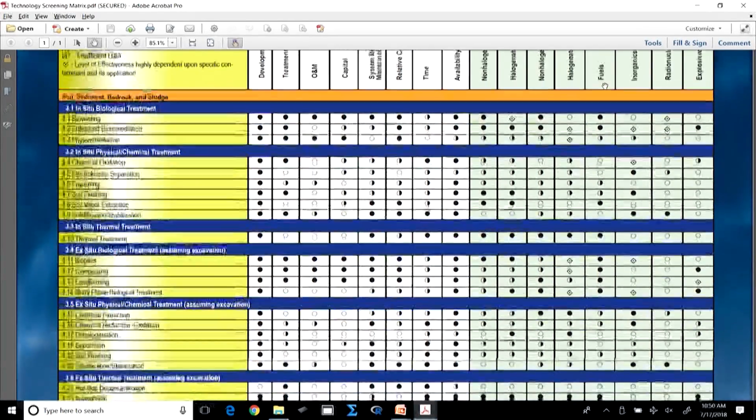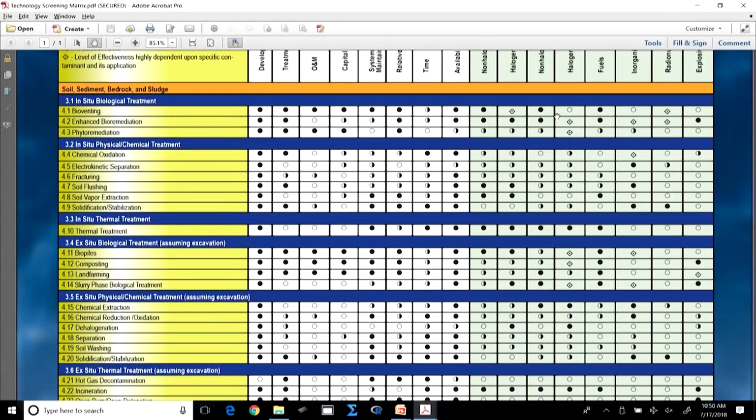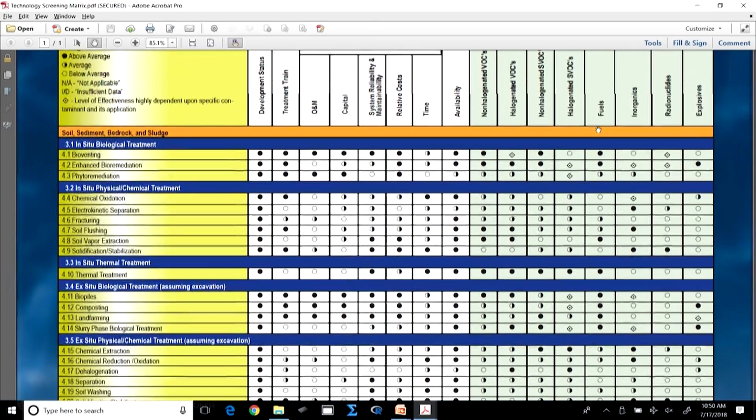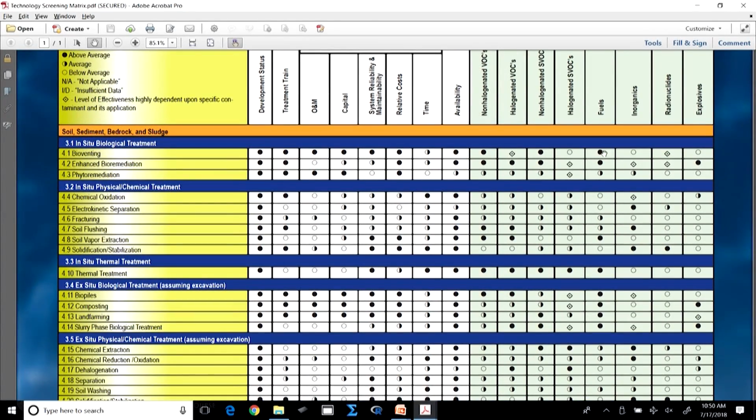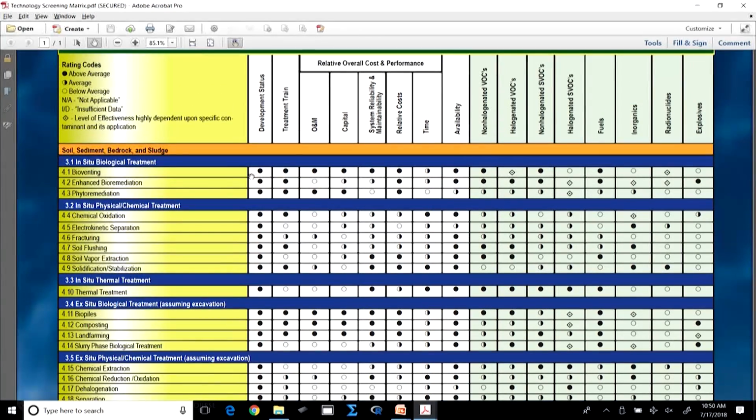At least in the Indian context, they are not detected, and you have considerable pollution of groundwater and soil. So how do I choose which treatment technique would be apt for the situation? Here I am concerned with fuels, and looks like the relatively better technique is, I guess, bioventing, and the relevant costs and such seem to be fine too.